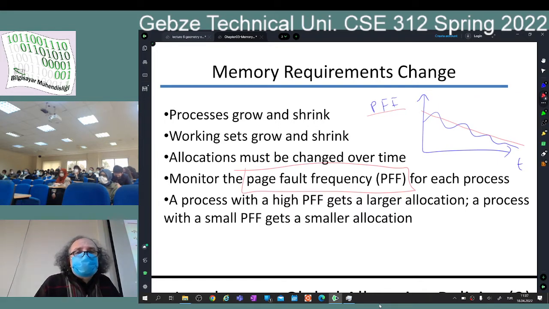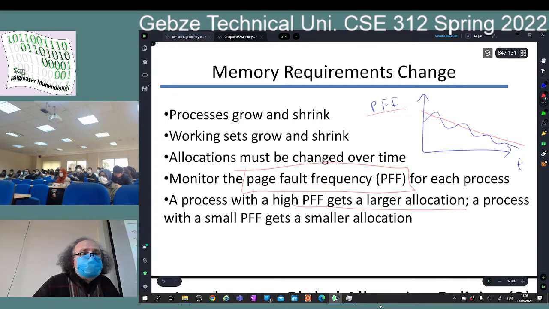And if a process is causing large PFF values for a long amount of time, that means what? That process is causing thrashing, okay? It keeps replacing the same page over and over again. Okay, that's not a good thing. So a process with a high PFF, that means what? If that process is causing thrashing, maybe I should give more memory to it, so that its working set fits into the memory.